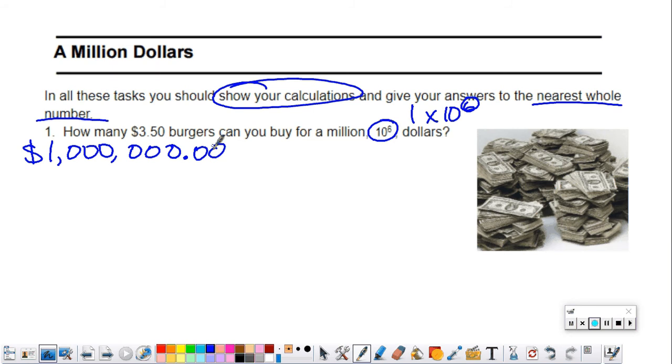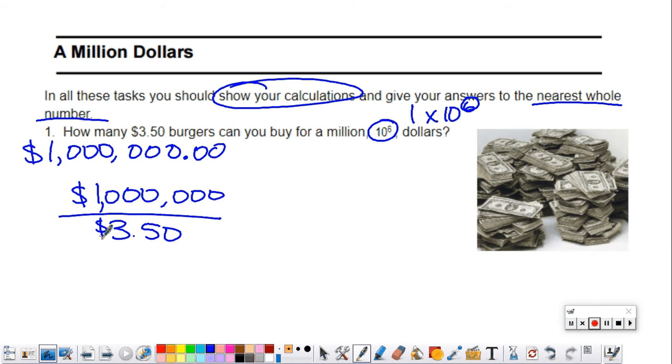We're going to divide. We're going to divide 1 million by 350, because 350 represents what in this problem? 1 burger, okay? So we're going to take 1 million divided by 350, okay?